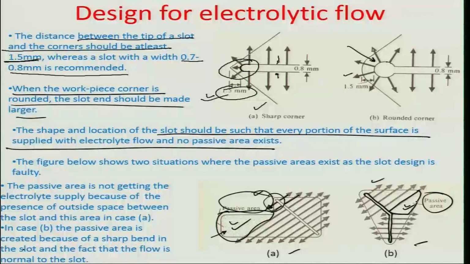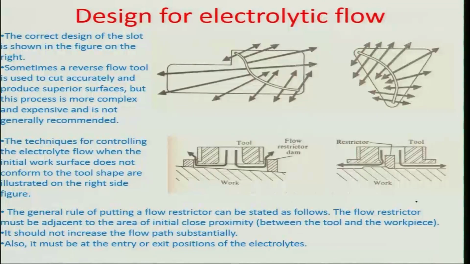So how do we do the design? So here the same slots are curved rather than straight slots, and as you can now see probably that, as the electrolyte is always oozing out in a perpendicular manner, there is always the closure of the passive area, because now the electrolyte is oozing in all different directions, which is perpendicular to various portions of the curve which describes the slotted region.